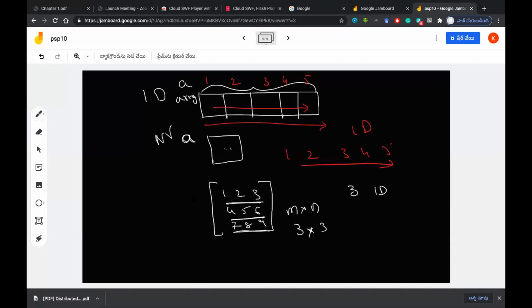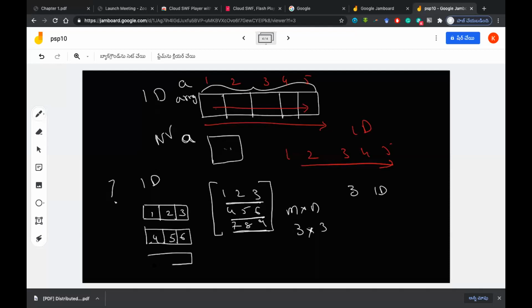To mention how many 1D arrays there are, you should write it something like this. Imagine the same thing as this one: 1, 2, 3. The next one is 4, 5, 6.